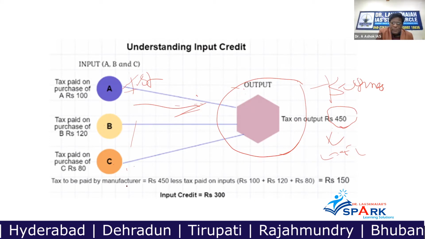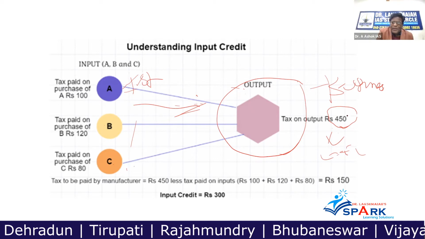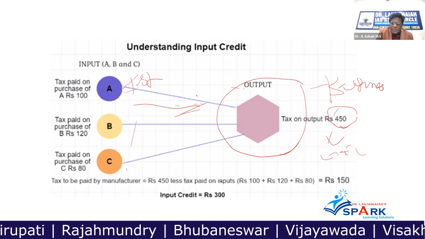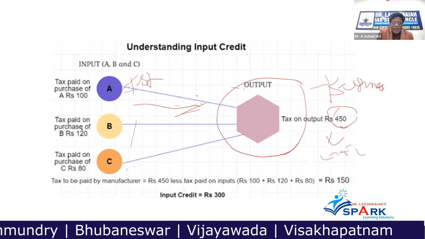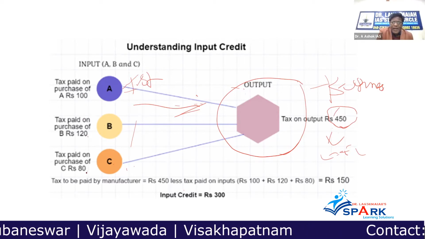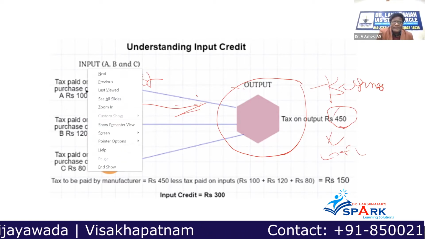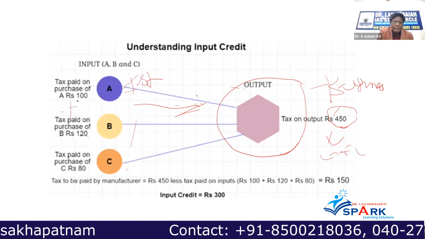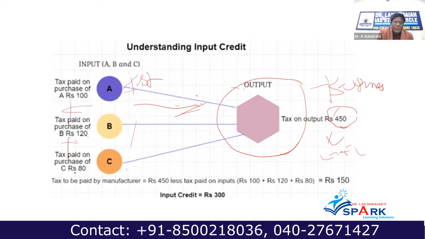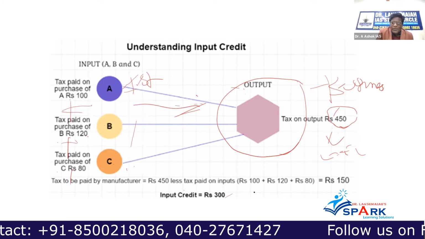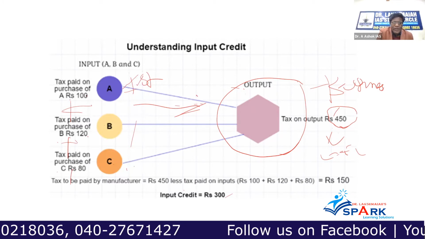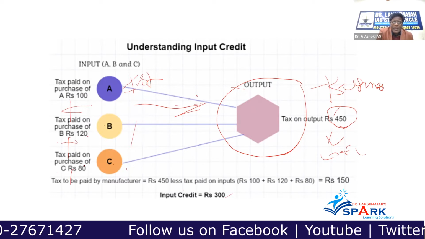Total tax to be paid by the manufacturer is 450, minus 100, 120 and 80. All this put together, 100, 120, 80, means 300.